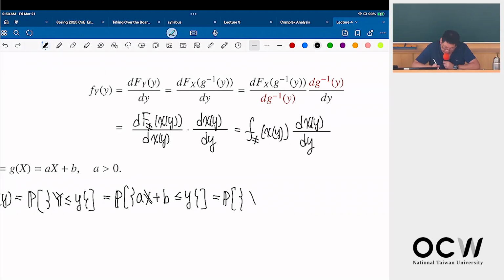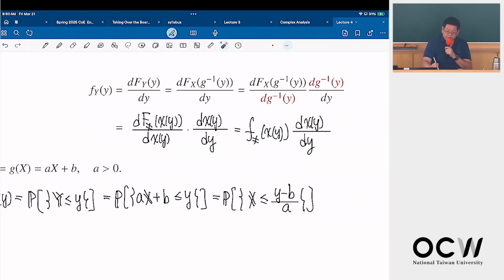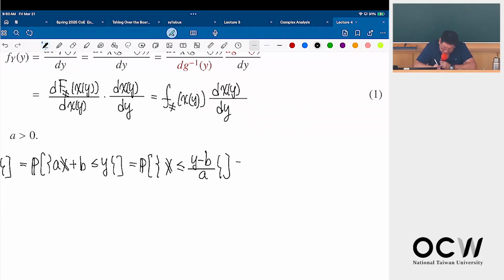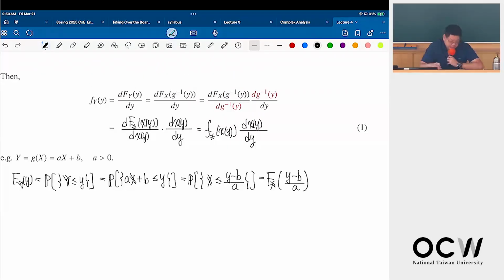I have x is less than or equal to y minus b divided by a. And what is the probability of your x random variable less than or equal to some point? This will be your CDF of x at y minus b over a. This is your CDF.